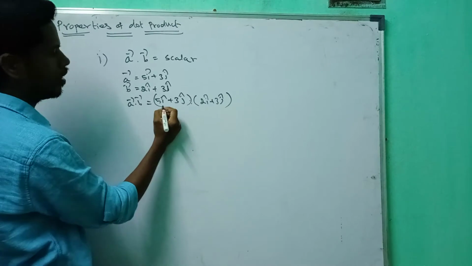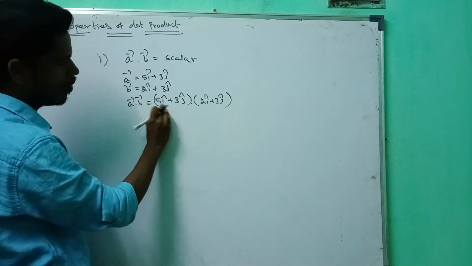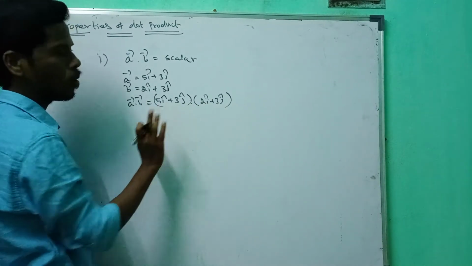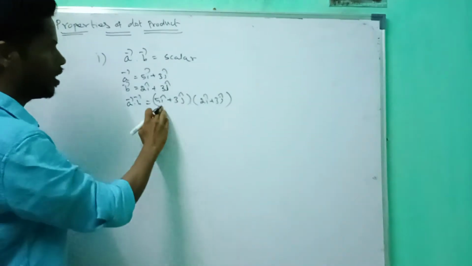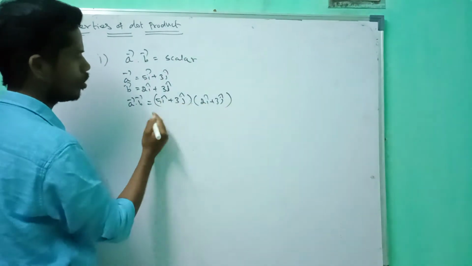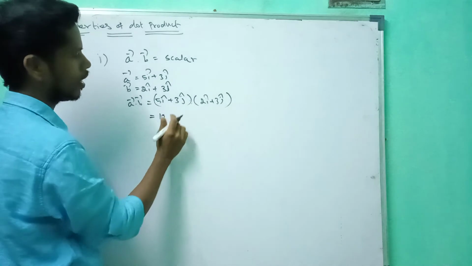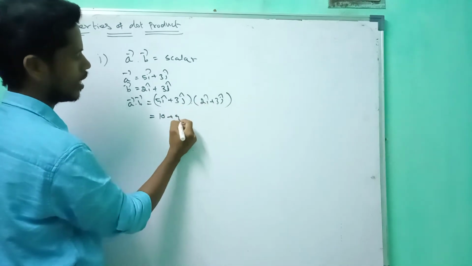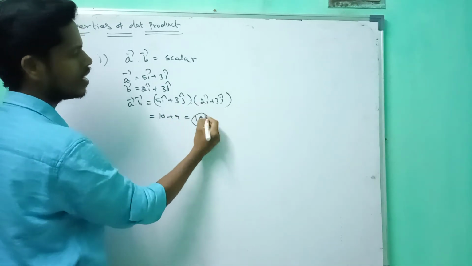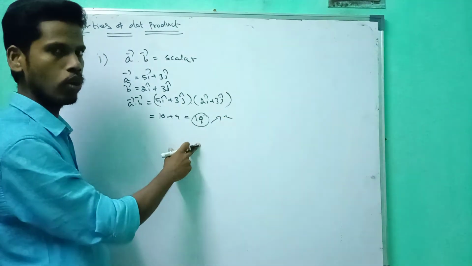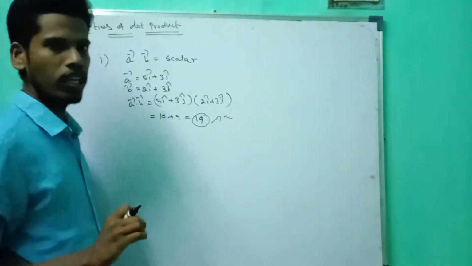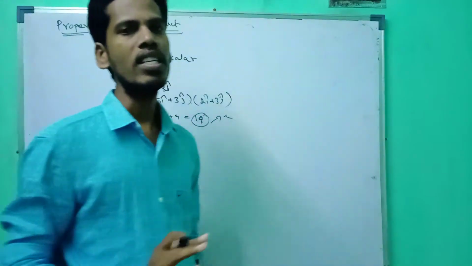We can multiply only the i component with the i component; the other component will be 0. So 5 into 2 is 10, again 3 into 3 is 9, so it is 19. 19 is a scalar, it's not a vector. So the first property is a vector dot b vector is always a scalar.